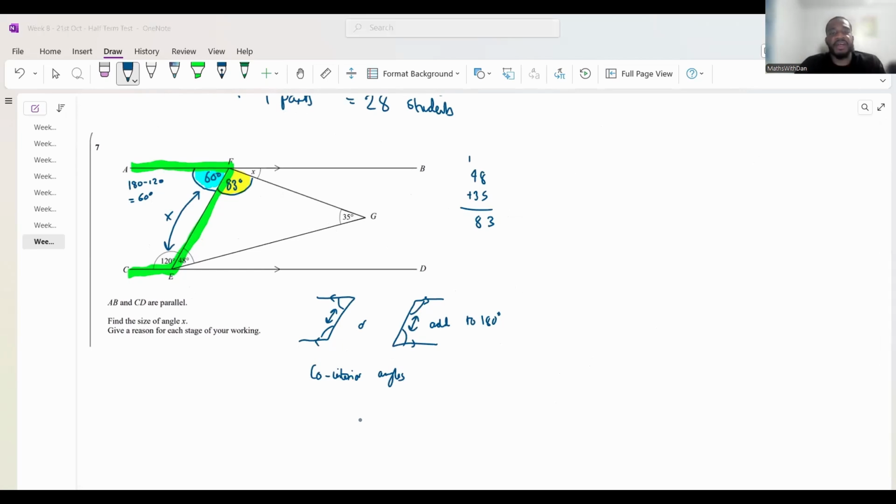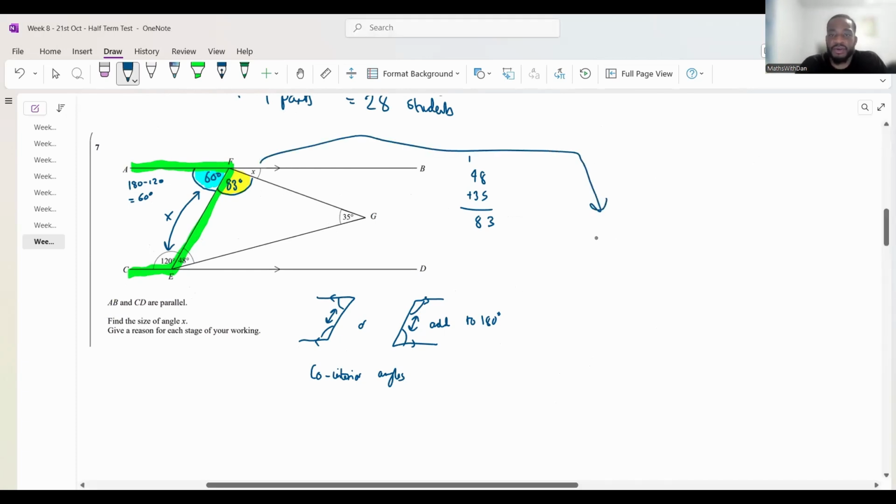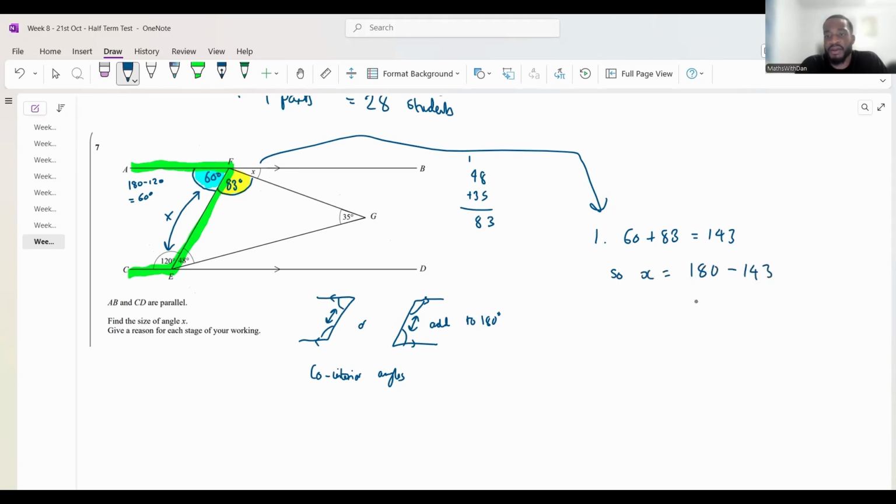Yeah. Now that angle X is on a straight line, so we can finish this off, right? Because what I'm going to do first is I'm going to add those two other angles, 60 plus 83. That's just going to be 143, no? 80 plus 60 is 140, add the 3, 143. So that means angle X has to equal 180 minus 143.